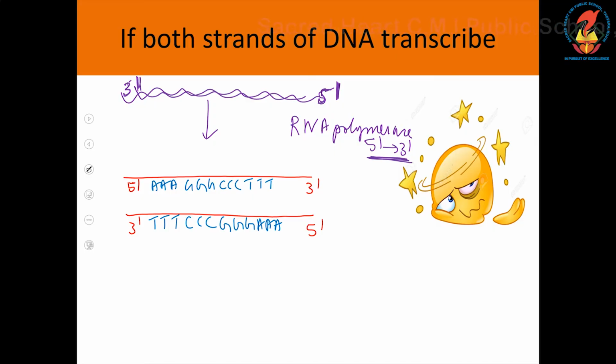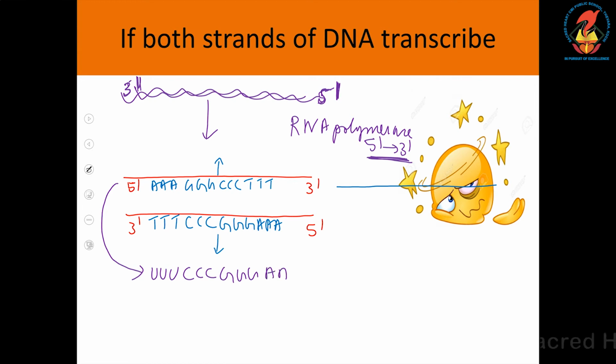Now, just imagine this is undergoing transcription, this is also undergoing transcription. So I am going to bring the transcript adjacent here itself. The 5 prime 3 prime transcript will be, for AAA it will be UUU, for GGG it will be CCC, for CCC it will be GGG, and for TTT it will be AAA.